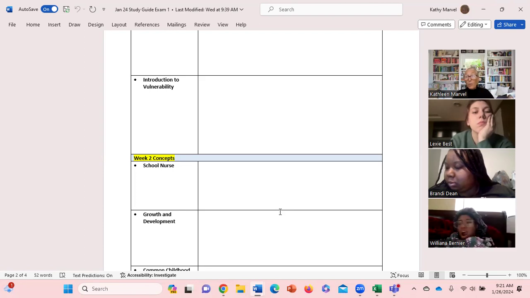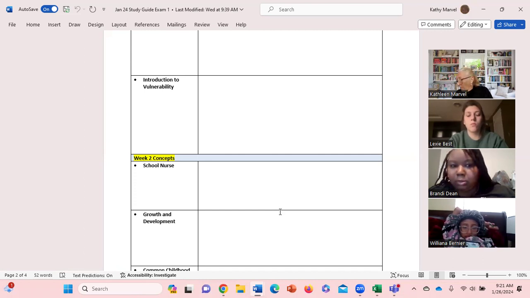Because the more resilient you can be, the better choices you're going to make. You're going to lower your risk of getting a condition, getting a disease, having an accident. So one of our goals is to increase resiliency. We know that vulnerable populations often have chronic diseases, right?